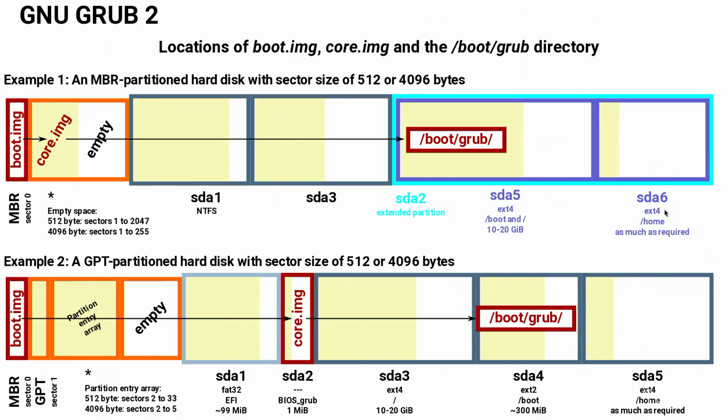So we got to boot/grub, and then we start the system. The difference here is that with GPT, we don't need to use the first sector of the drive to contain the stage 1 or stage 1.5. We can directly have a different file put somewhere else. Like you can see here, core image is put in sda2, which is far away from the start. And we can just use it to boot the system.